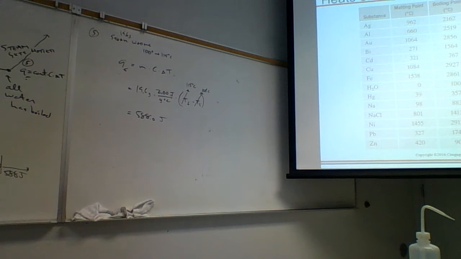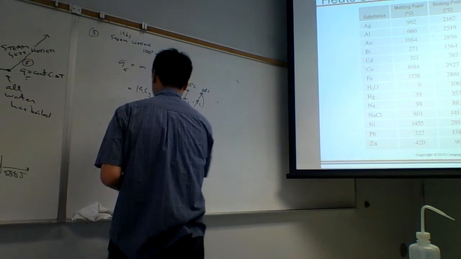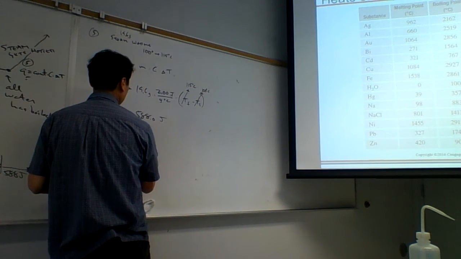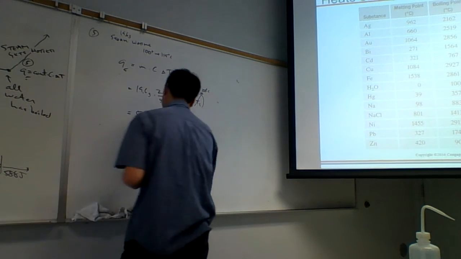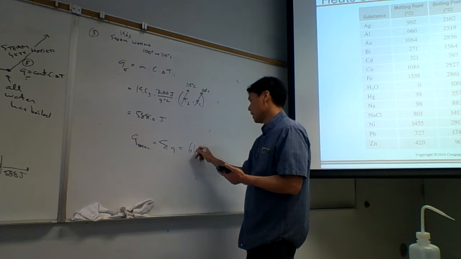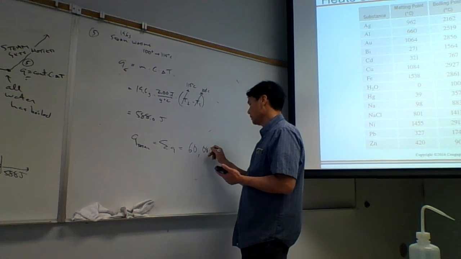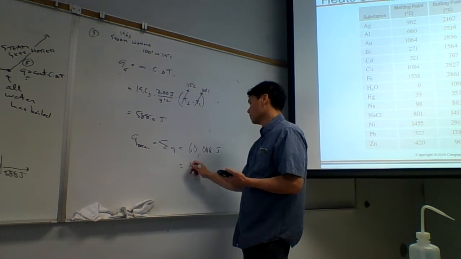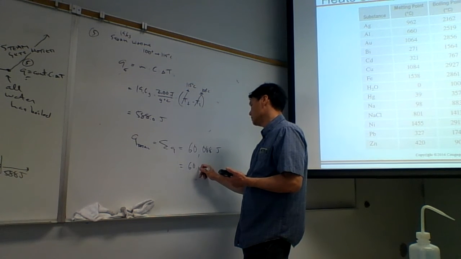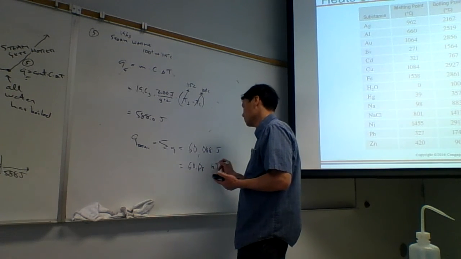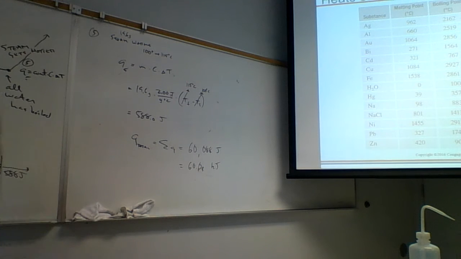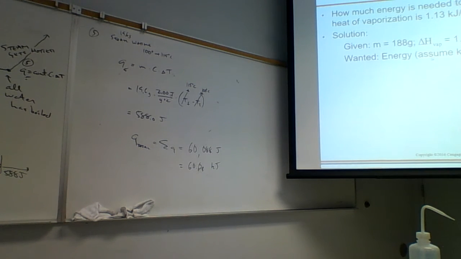So Q total is equal to the sum of the Q's. I just add up all the Q's and I get 60,088 joules, or 60.08 kilojoules, or 60.1 kilojoules of energy. So let's see what they got here.